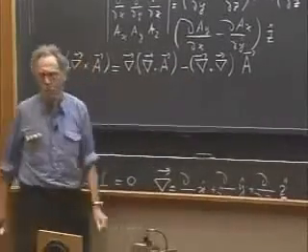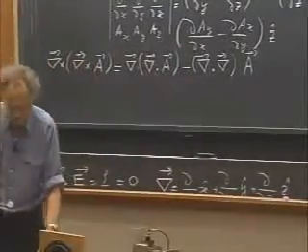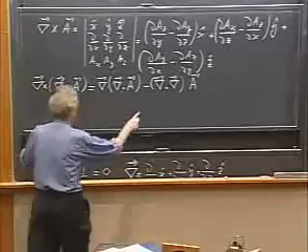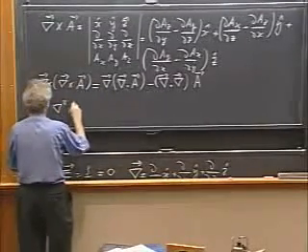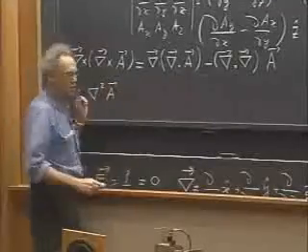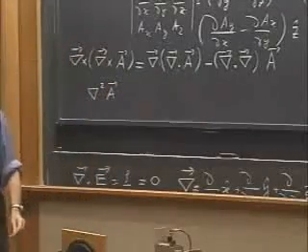And this we often write as simply del squared. So for this we write del square of A, and this is also called the Laplacian.